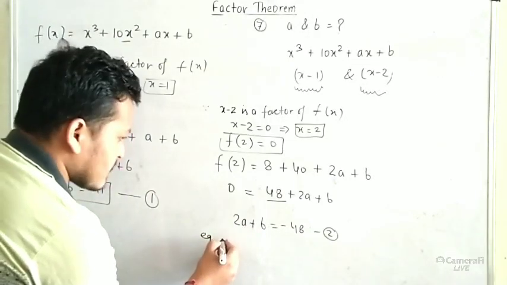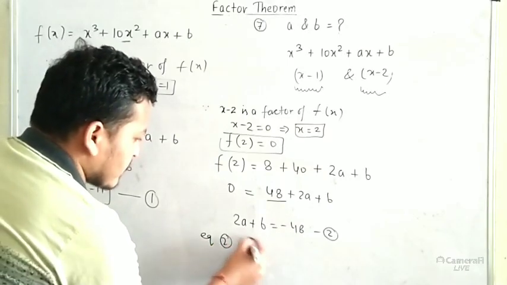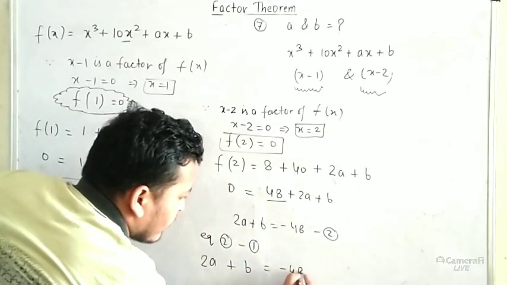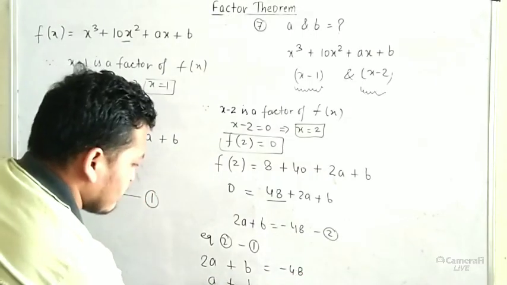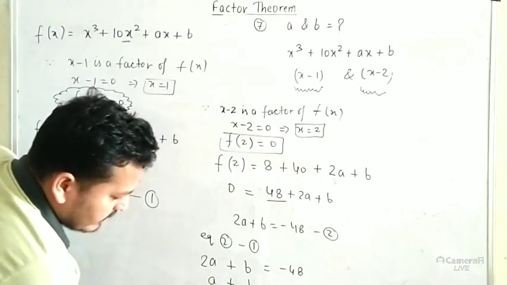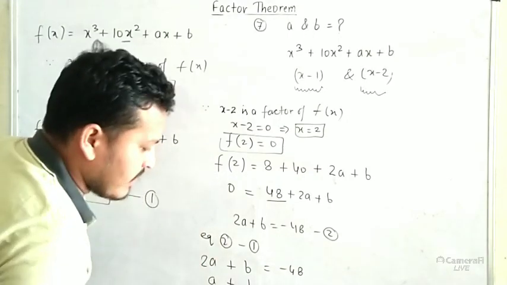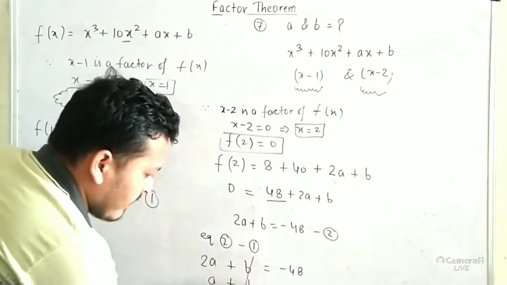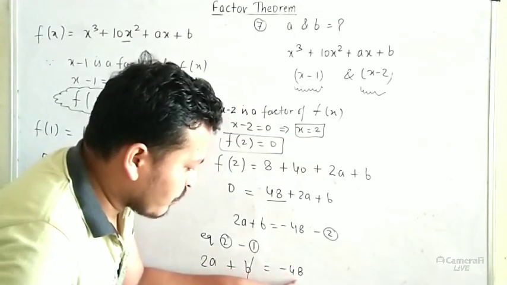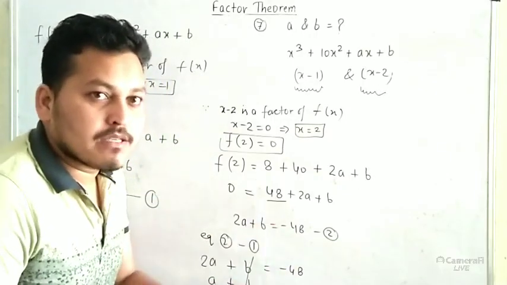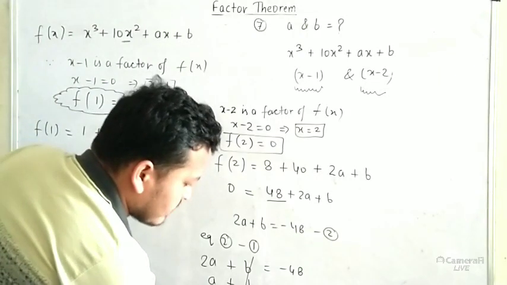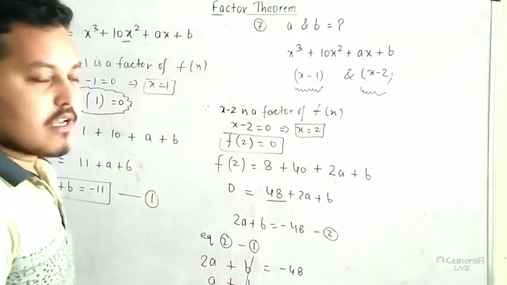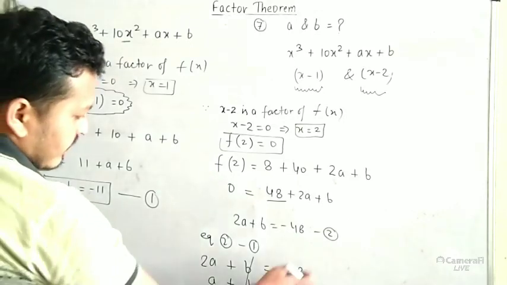Equation second minus equation first, or first minus second, that is your choice. So 2a plus b is equal to minus 48, next a plus b is equal to minus 11, and subtracting, 2a minus a, then b minus b cancels, is equal to minus 48 plus 11, that is minus 37. So a is minus 37.